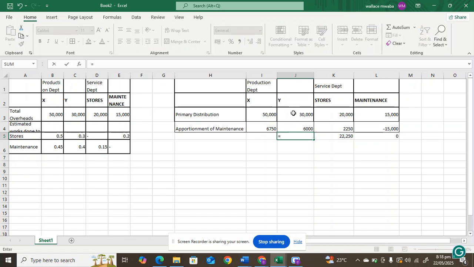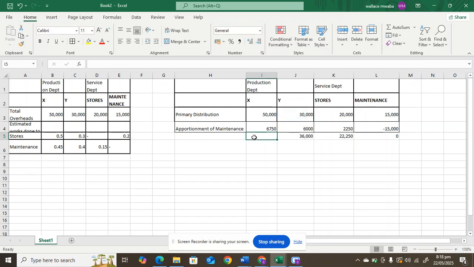Here we add 30,000 plus 6,000, that's 36,000. Then 50,000 plus 6,750, we get 56,750.